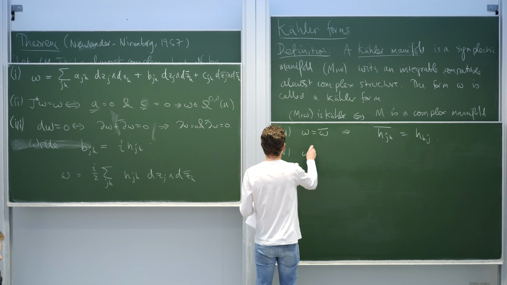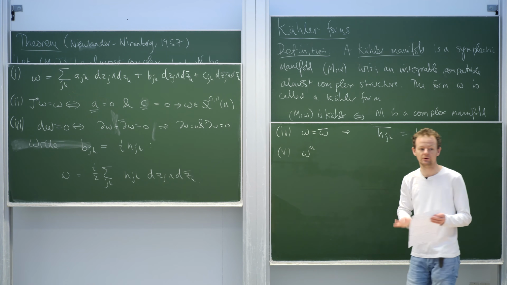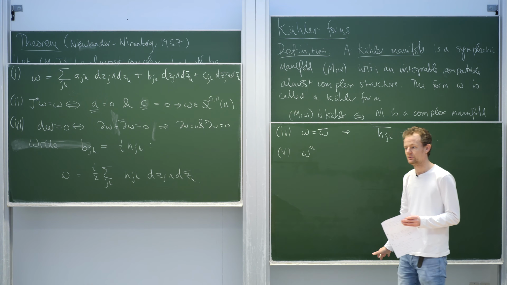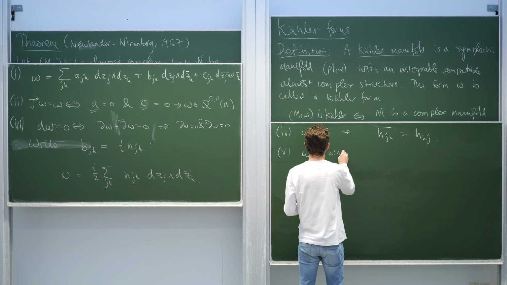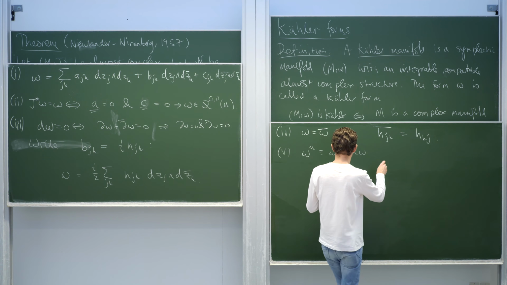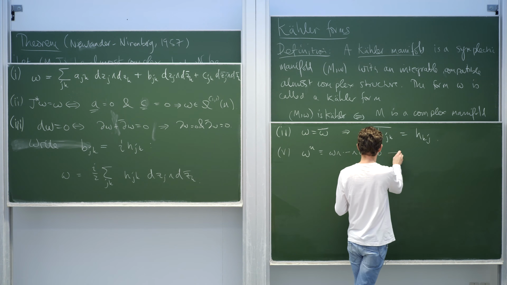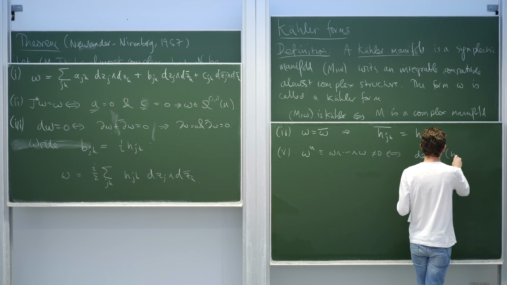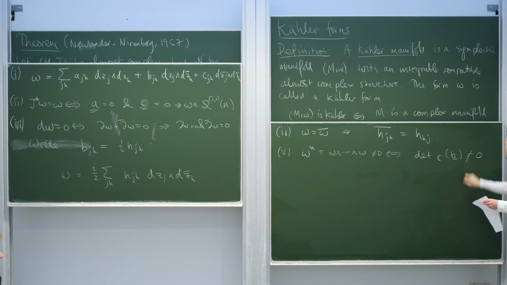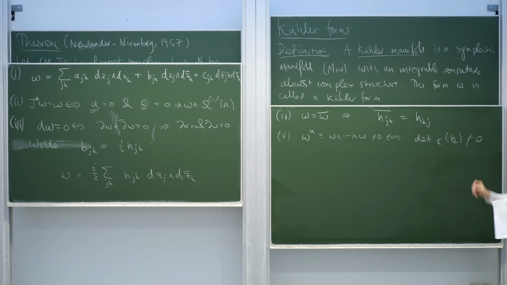Another consequence is that if you wedge omega n times, we know that has to be non-zero. But that's actually the same as saying that the determinant over the complex numbers of the matrix H is not equal to 0. So H is an invertible Hermitian matrix.